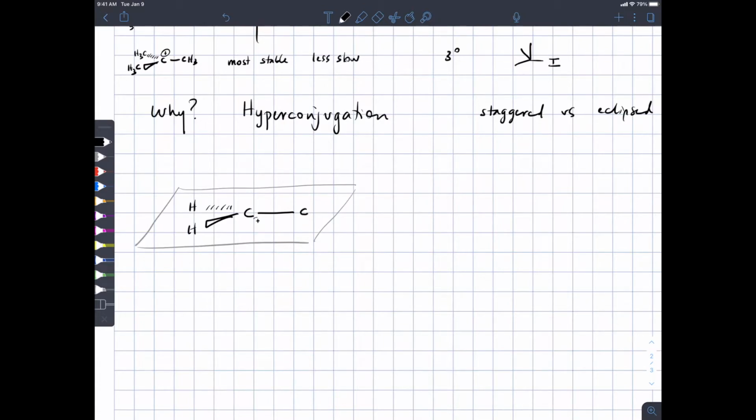Here is the positively charged carbon. Here is a carbon-hydrogen bond in the plane of the page and coming up out of the parallelogram plane, and then these two carbon-hydrogen bonds would be going out towards us and back into the page.